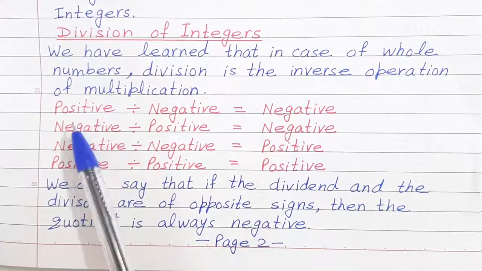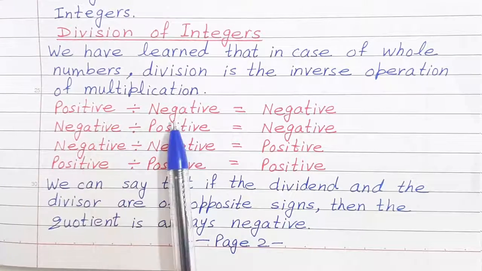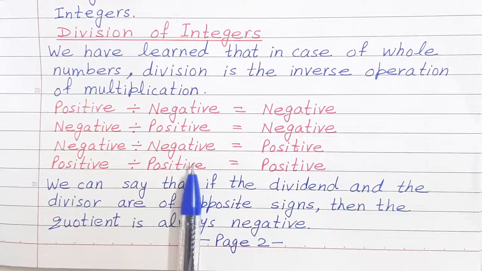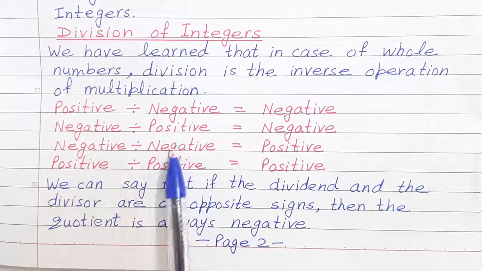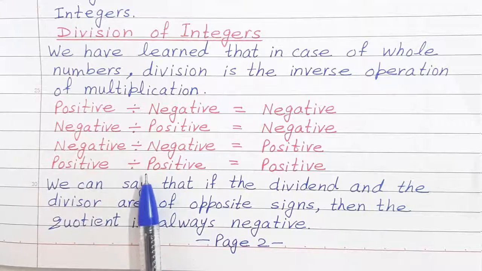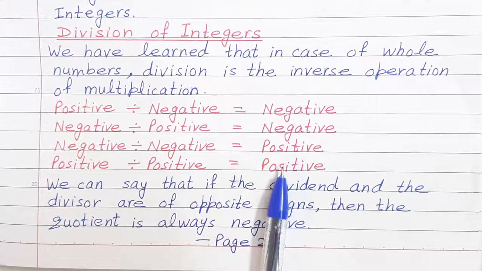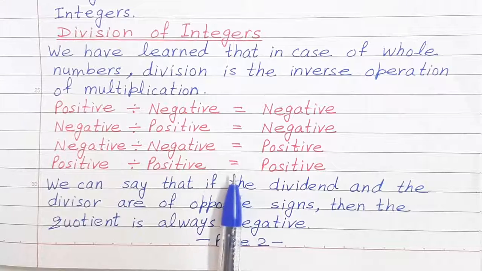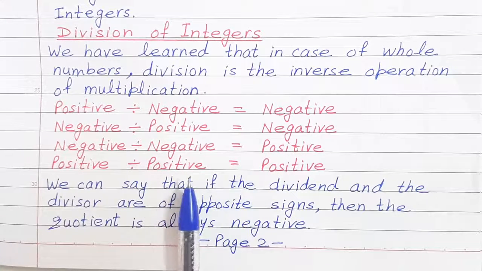This means out of the two numbers, if any one is negative, the result is always negative. And on the other side, if both the numbers are negative or both the numbers are positive, the result is always positive. These conditions are the same as multiplication. In multiplication also we have done the same thing, right?